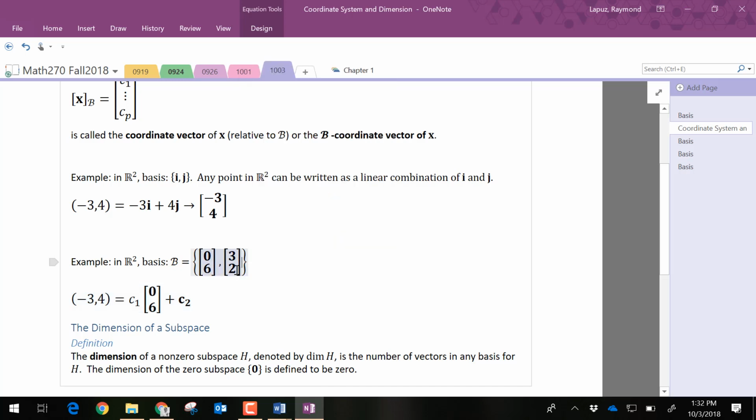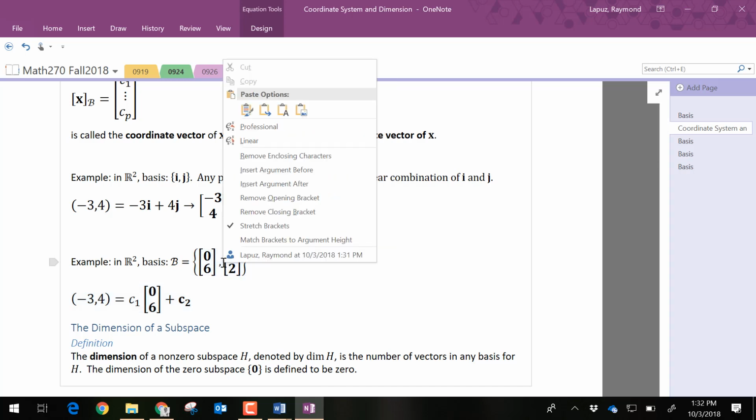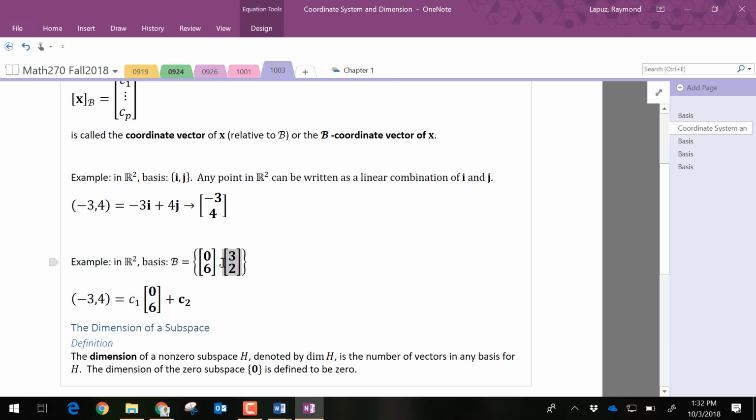And by these vectors, I mean the vectors that we came up with as our basis. So, can we?